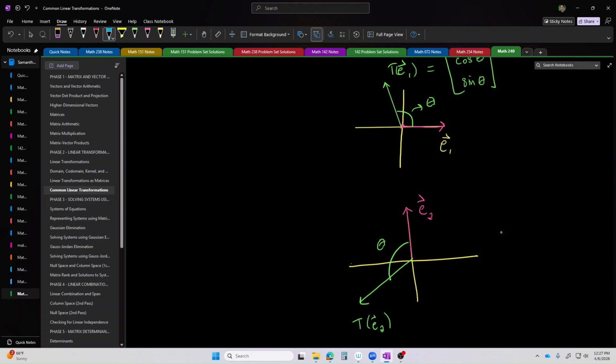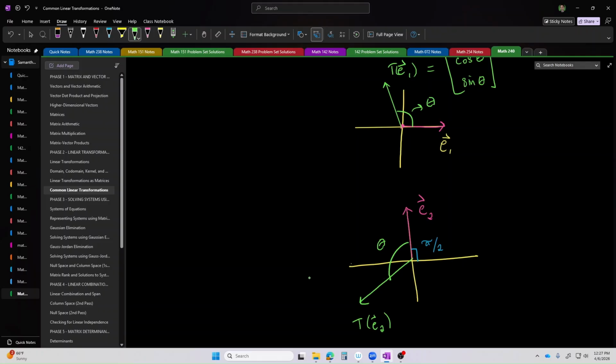I think for me, the thing that occurs first is to recognize that the total angle between this final vector and the positive x-axis is going to be theta plus pi over 2.